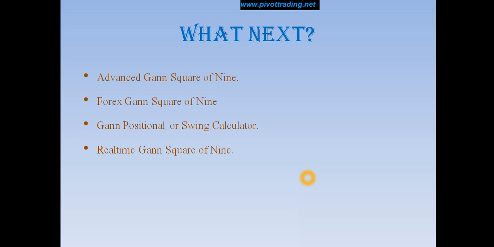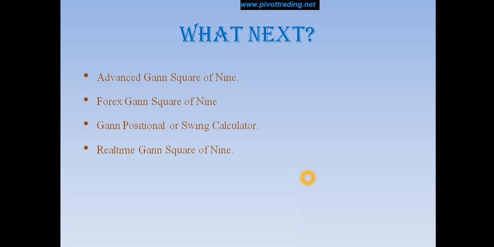The next thing which I came up with is the advanced Gann square of 9, which is a much more accurate or much better way of calculating the Gann levels. Then there is a Forex Gann square of 9, which is very specific for the Forex market, because in the Forex market we work in decimal places.